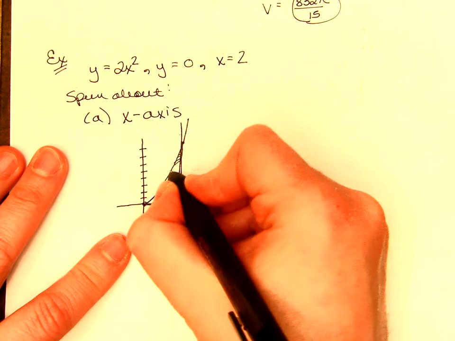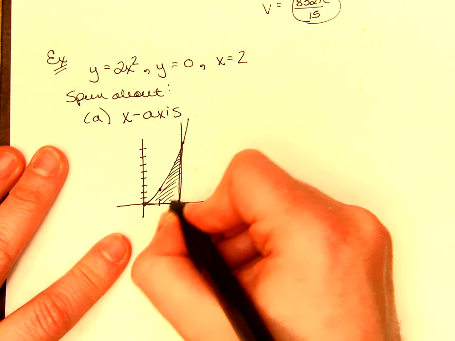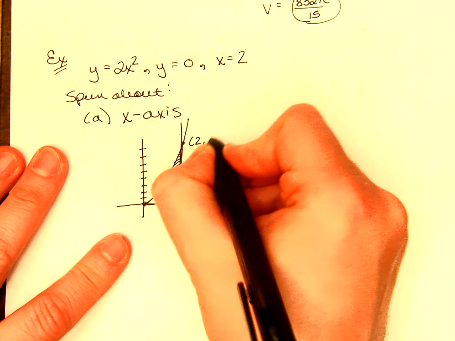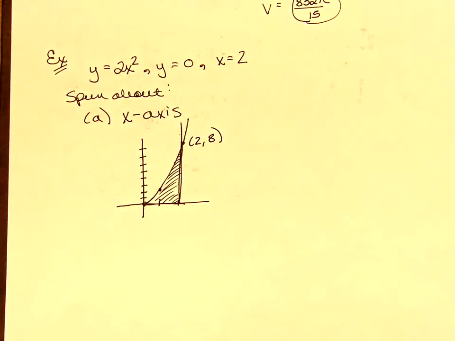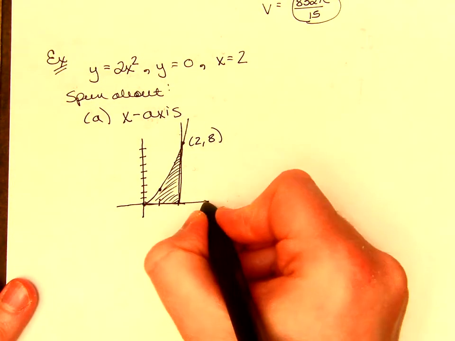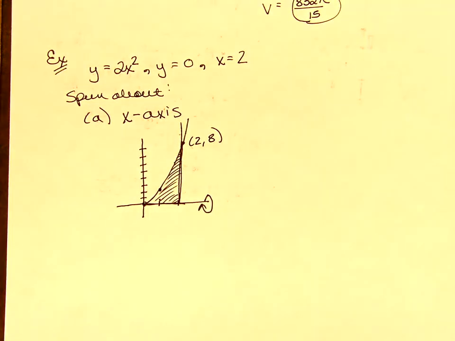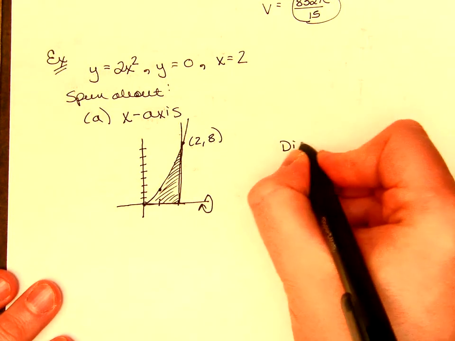More or less, this is the region we're looking at, bound by that point, 2, 8. I'm spinning this thing about the x-axis. Take a moment, decide disk or washer. I hope you said disk.